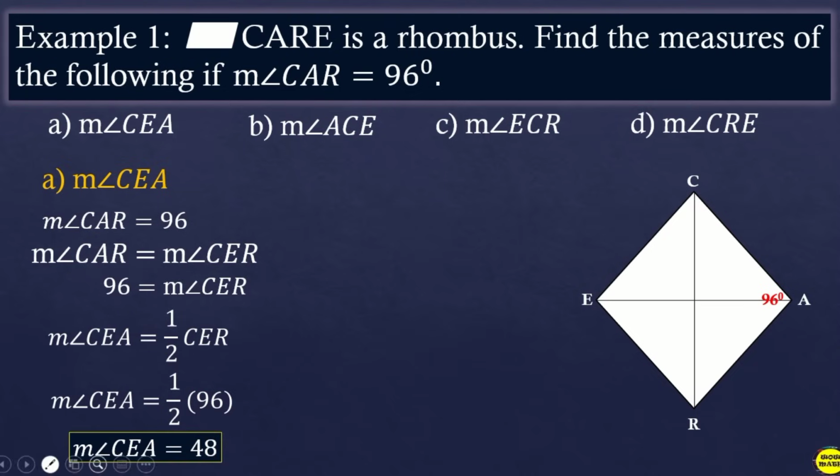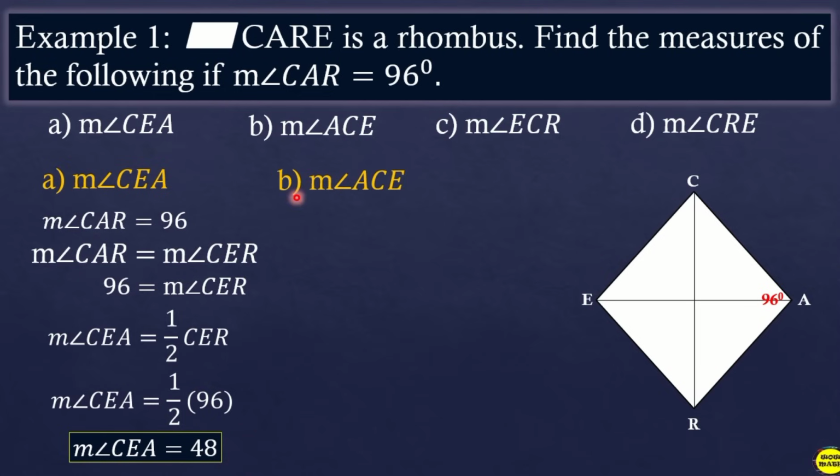So, the measure of angle CEA is equal to 48. Or, kung alam mo nga ang properties, kahit kung mabilisan, makukuha mo na siya. Kasi pag alam mo yung properties na ito, opposite angles, congruent siya dito, ibig sabihin 96 din to, tapos kunin mo lang yung kalahati ng 96, that is 48.